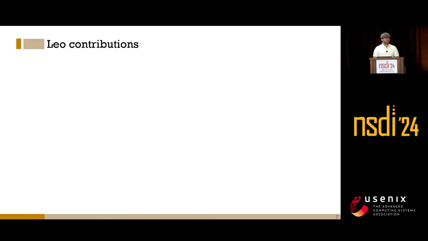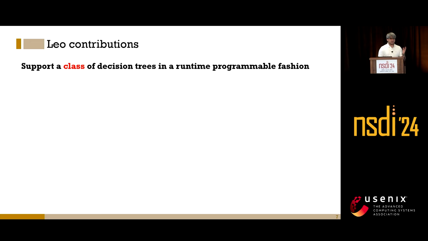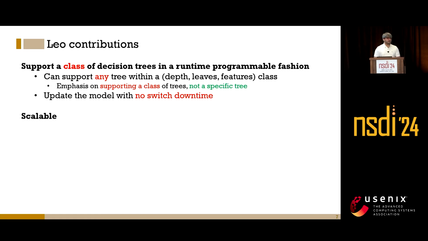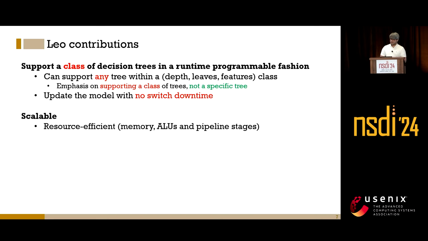So what is Leo? Leo is a traffic classification scheme that supports a class of decision trees in a runtime programmable manner, supporting any tree within that class while also allowing updates from one tree to another without any switch downtime. Leo is also scalable in terms of the number of ALUs, the switch stages required, and the total memory.